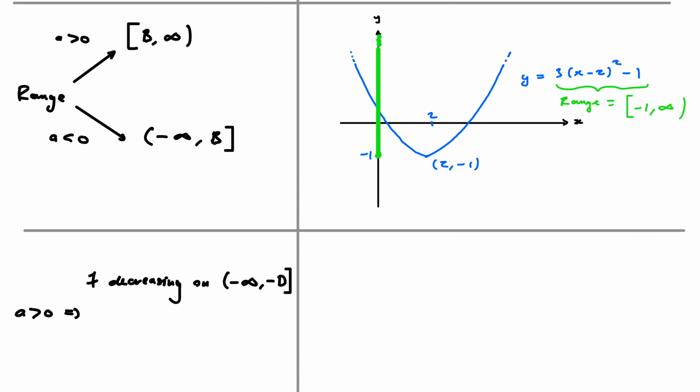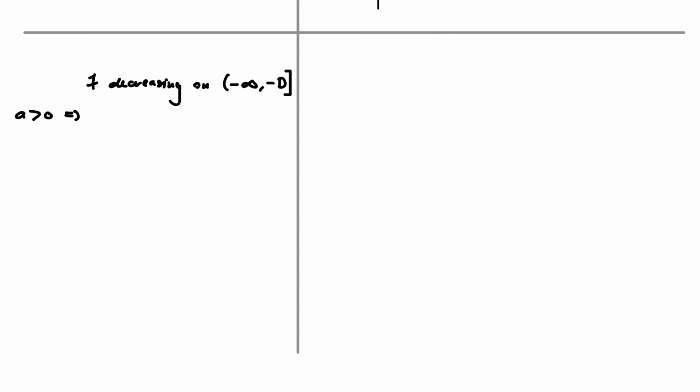So this would be on the interval minus infinity to, I think the position is minus D. Does that fit with this story? Yeah, I suppose it does, because here D is minus 2, so minus minus 2 is 2, that's that position there. Okay, and it's increasing afterwards, on the interval from minus D onwards.